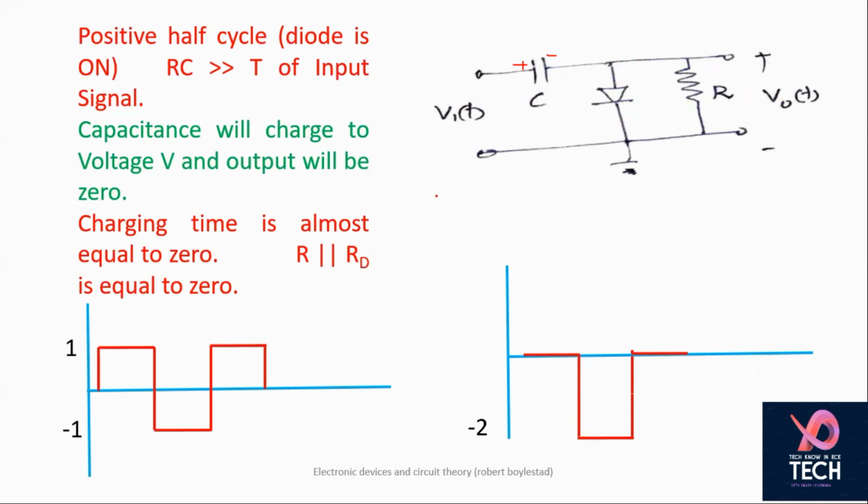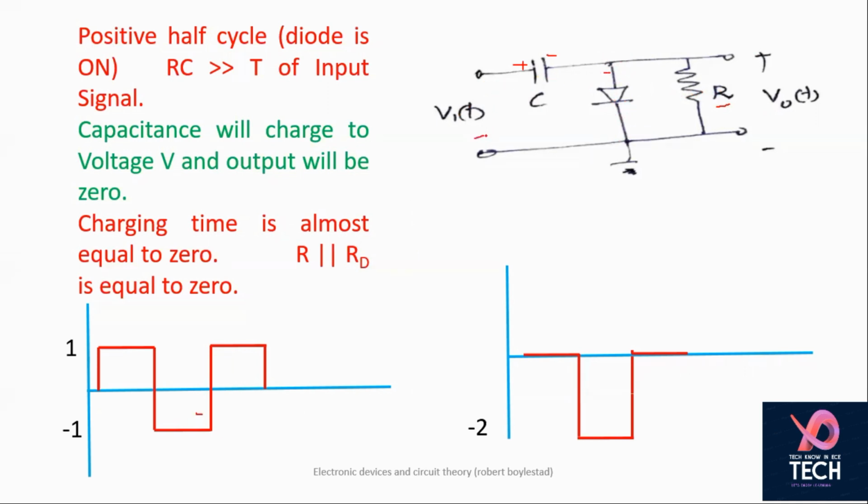Once again, applying this input charges the capacitance and forward biases the diode. The diode resistance is ideal, equal to 0, and R in parallel with 0 resistance is 0. So this is a short circuit, these two terminals are short circuited, and the voltage is 0.